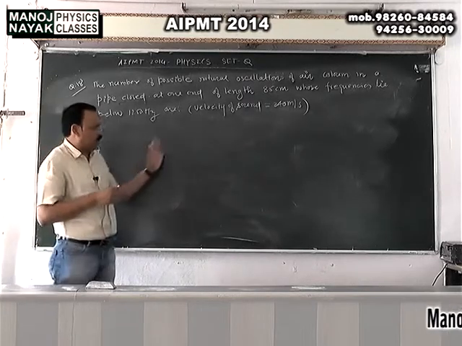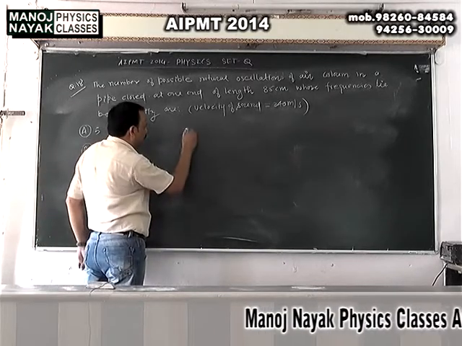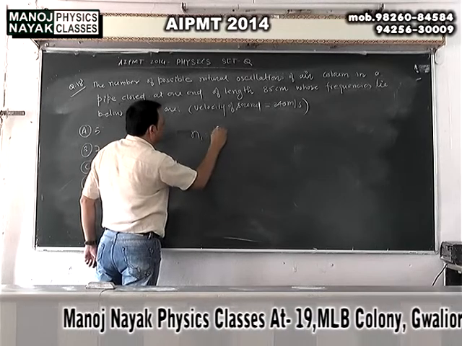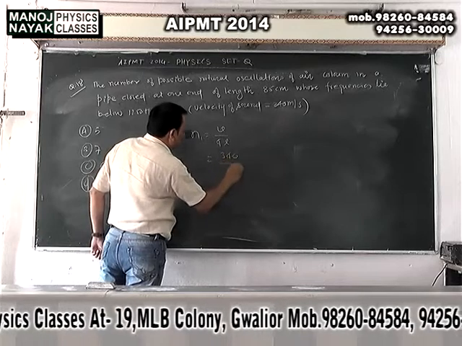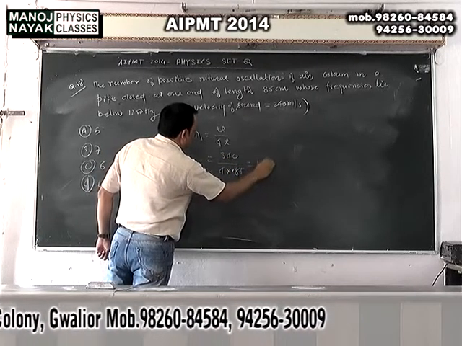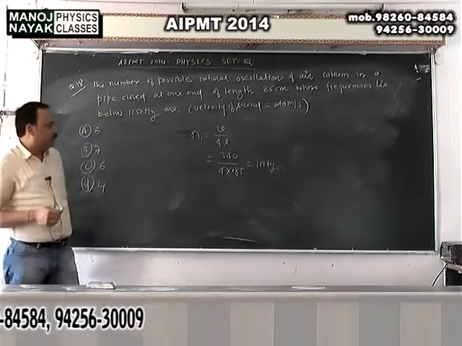Basically this question is from closed organ pipe, and you know it very well that the fundamental frequency in a closed organ pipe is V by 4L. V is 340, L is 0.85. You can get 100 hertz. So this is the fundamental frequency.